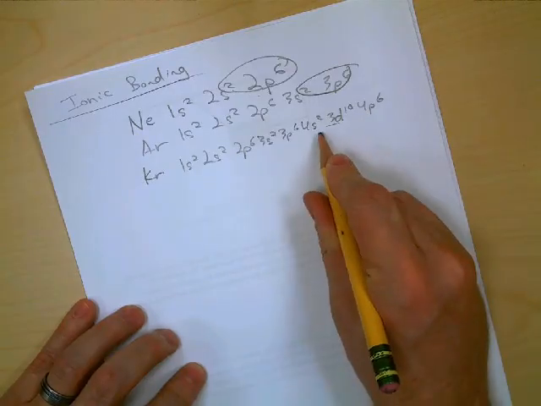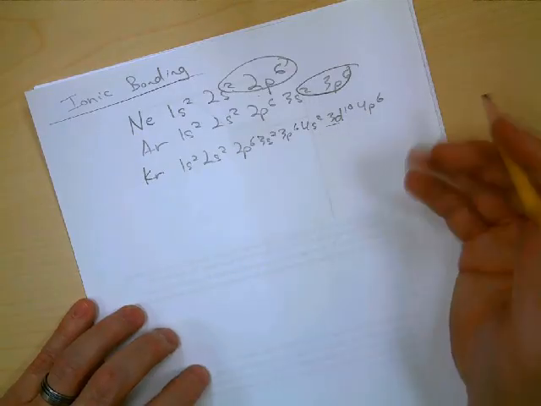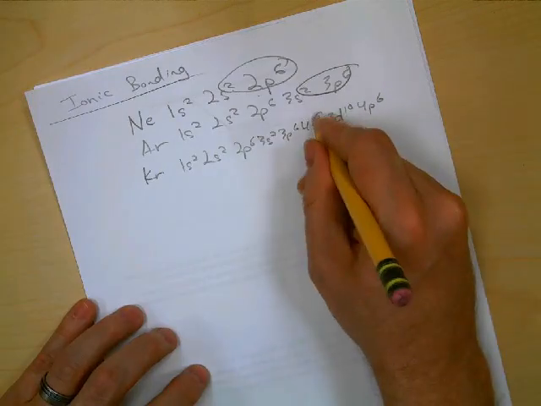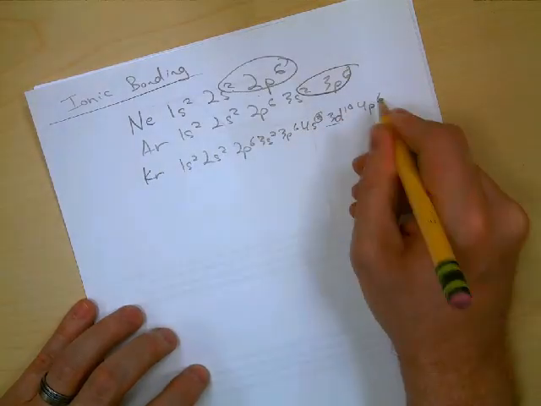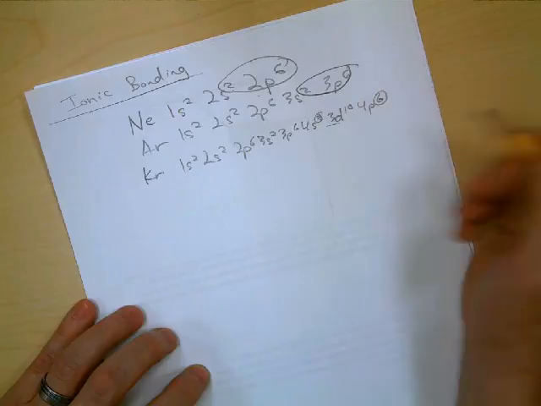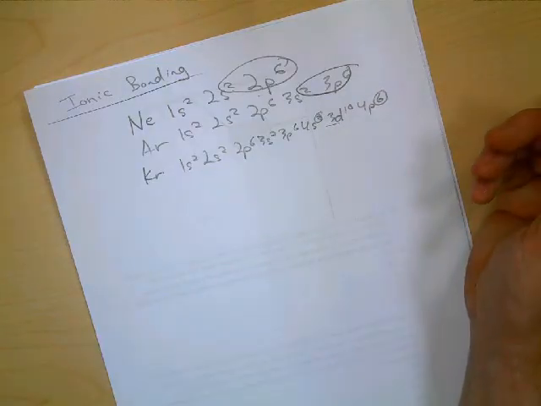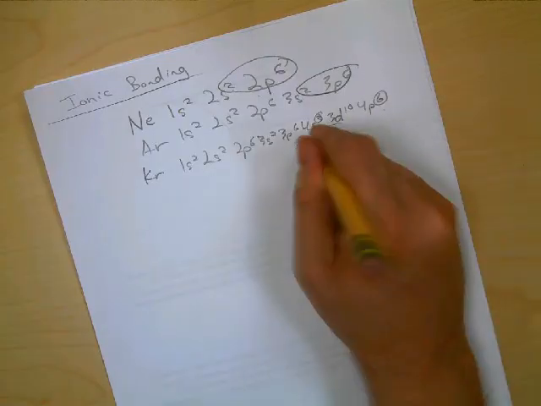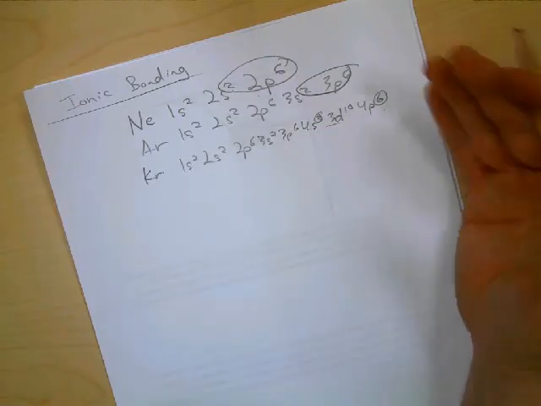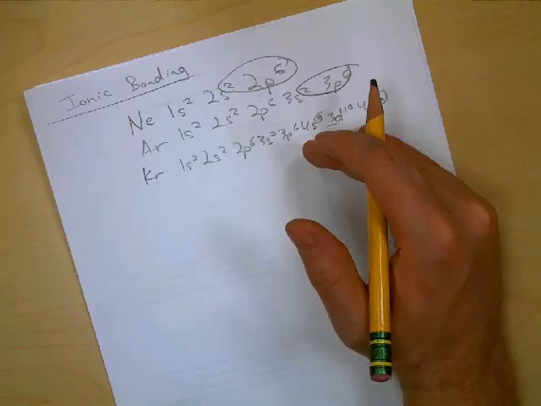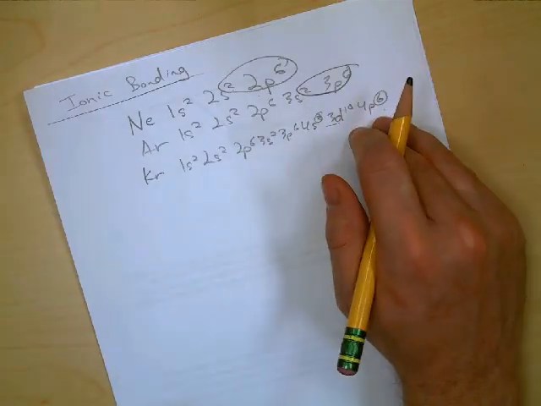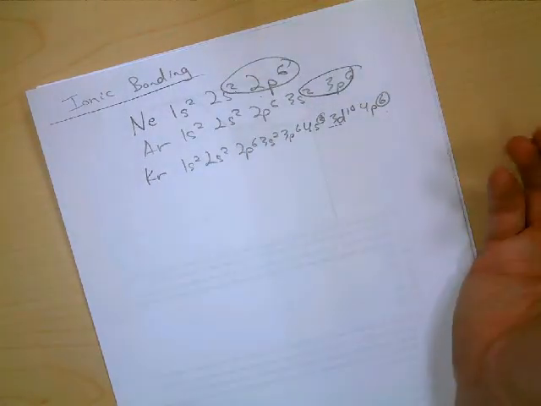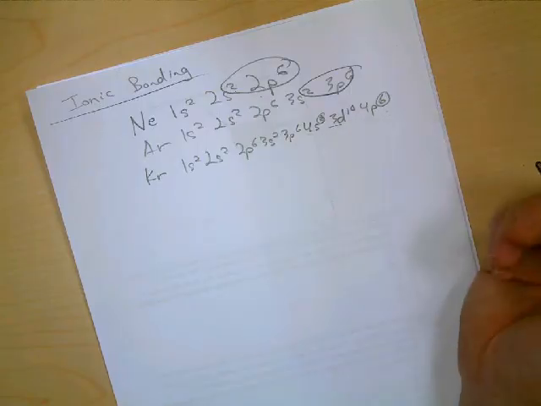I know we fill it after the 4s, but in terms of bonding, what we tend to consider are those 2 fourth energy level electrons and those 6 fourth energy level electrons. Because of the way that orbitals are filled, it will always be the s and p electrons that matter, because all other energy levels within that atom will be lower in energy, like the 3d is lower than the 4.